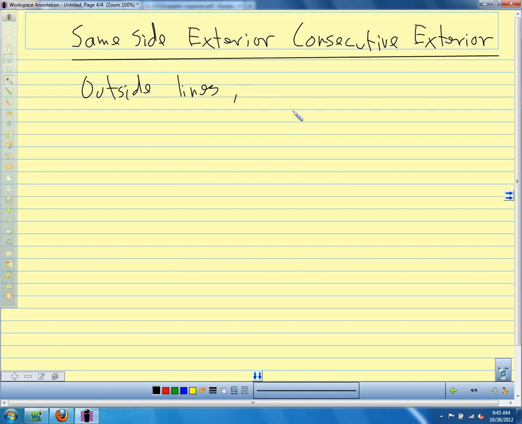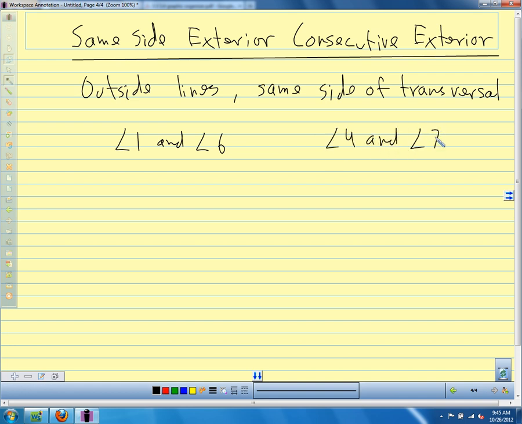And we're on the same side of the transversal. So our same side exterior angles are angle 1 and angle 6 and angle 4 and angle 7. So those are our same side exterior angles.